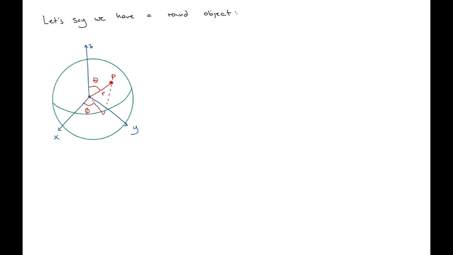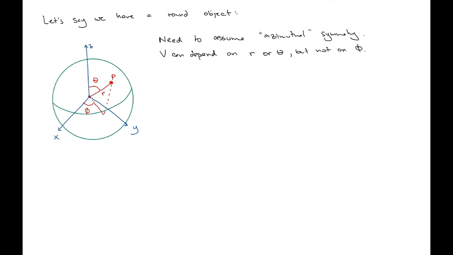Okay, so we need to assume, in this case, azimuthal symmetry, which basically means V can depend on r or on theta, but not on phi.